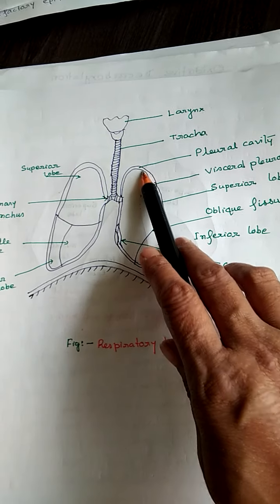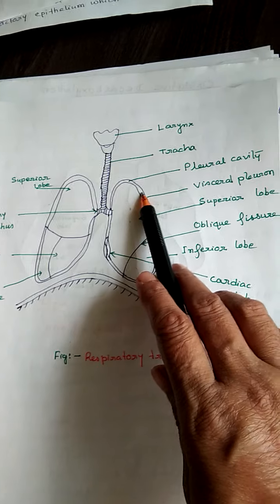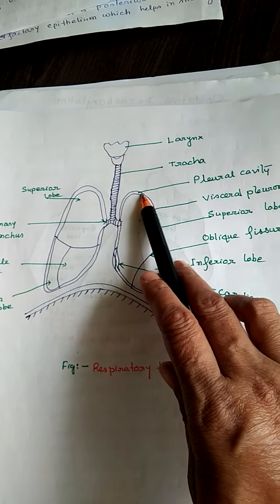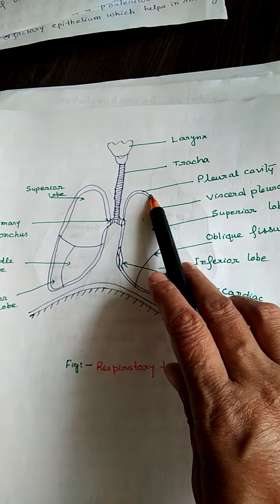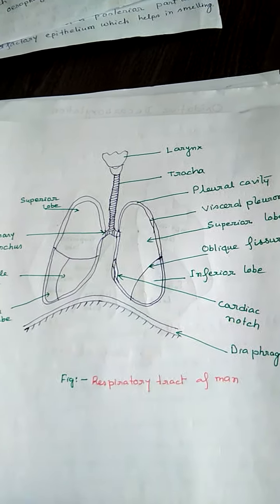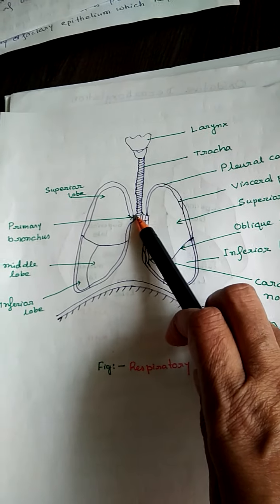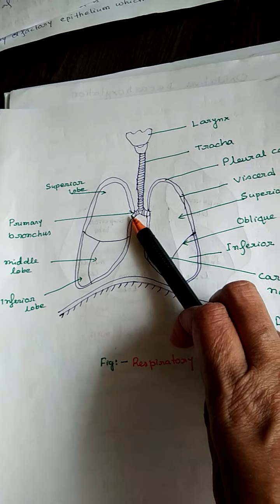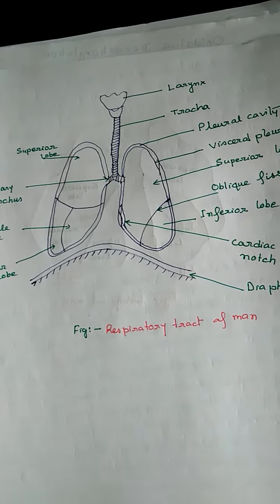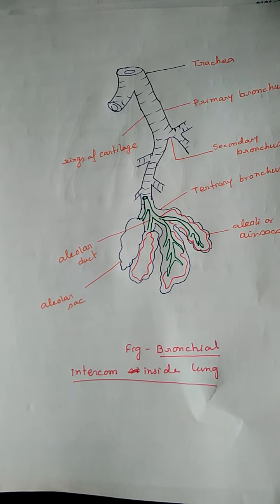This is pleura. In between the two pleura, liquid is present. This gap is known as the pleural cavity, and then the membrane, the visceral pleura. Okay, so this is the structure. Then this one is the primary bronchus. So inside the lungs, secondary bronchi and tertiary bronchi are present. So this one is a little bit elaborate structure.